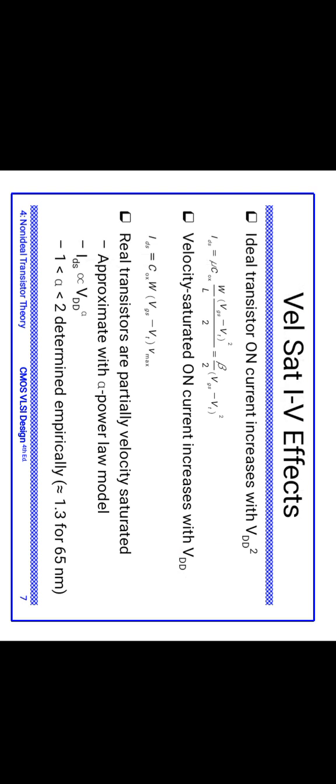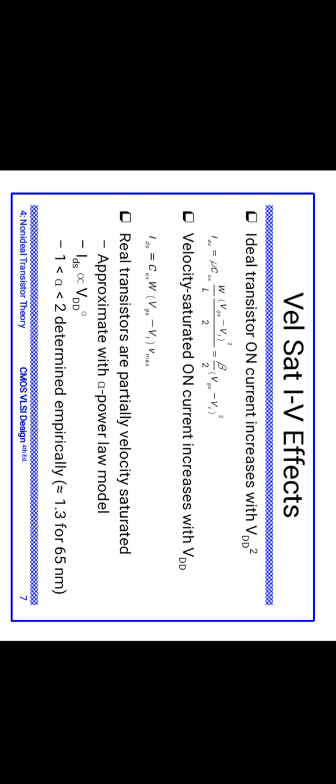Figure shows the velocity saturation current-voltage effects. Ideal transistor on current increases with VDD square. IDS is equal to mu Cox W by L (VGS minus VT) the whole square by 2, equal to beta by 2 into (VGS minus VT) the whole square.